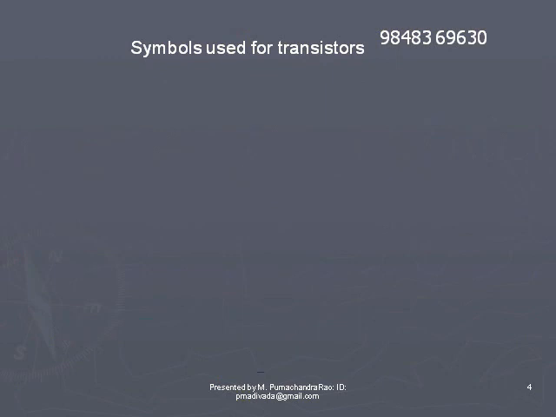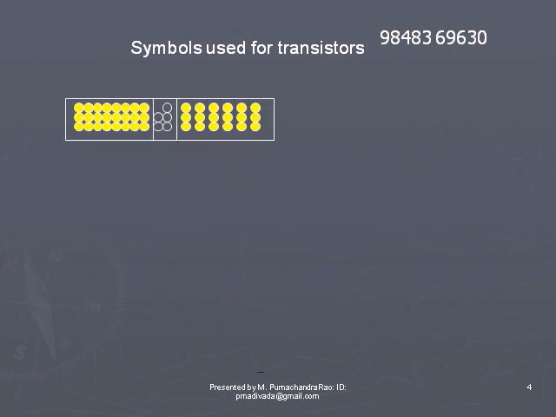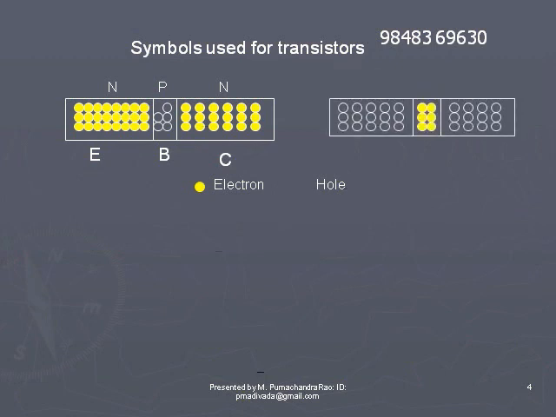Symbols used for transistors. Let us take the block diagrams of the two transistors, NPN and PNP. The left top diagram indicates the block diagram of NPN. The left and right circles indicate excess of electrons, and the middle circles indicate holes.